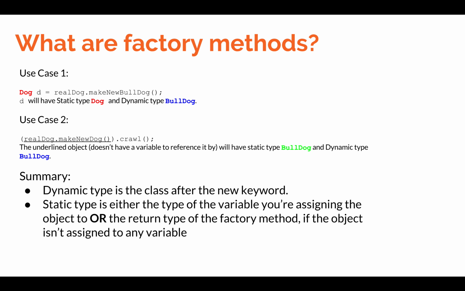Is that on the two functions on the parameters? So if bulldog is a dog, but then there's bulldog and dog.